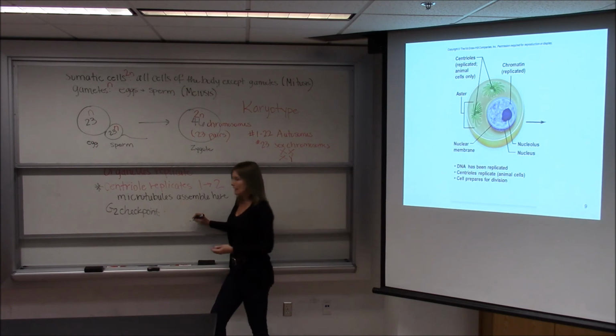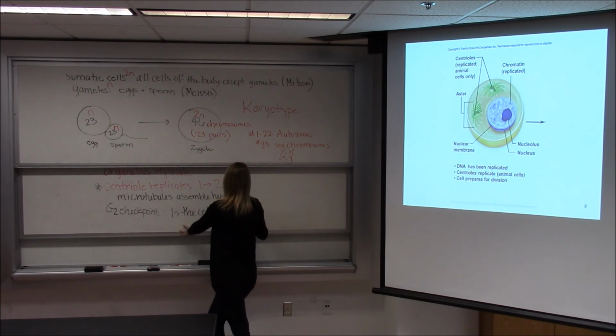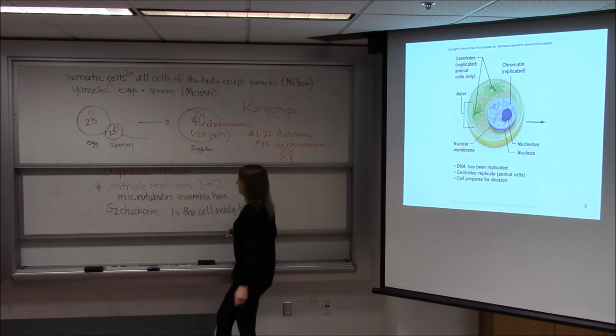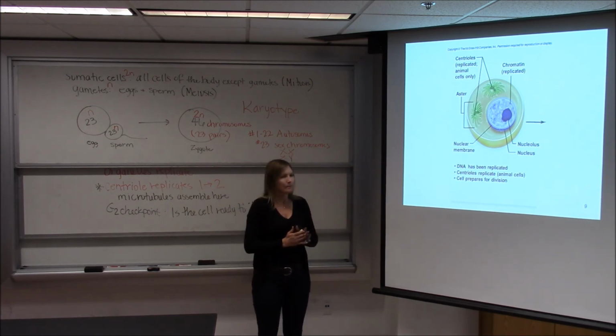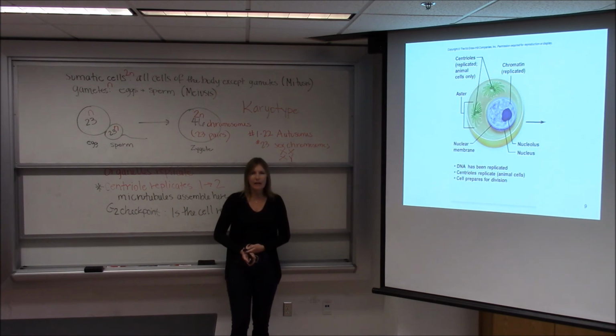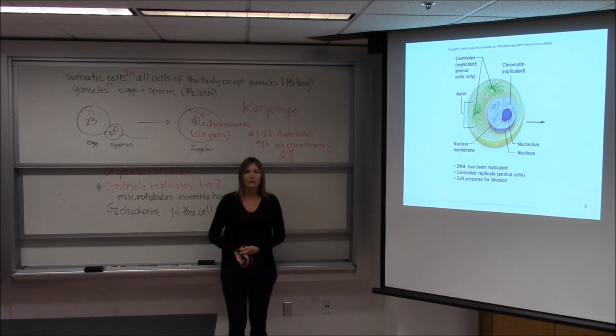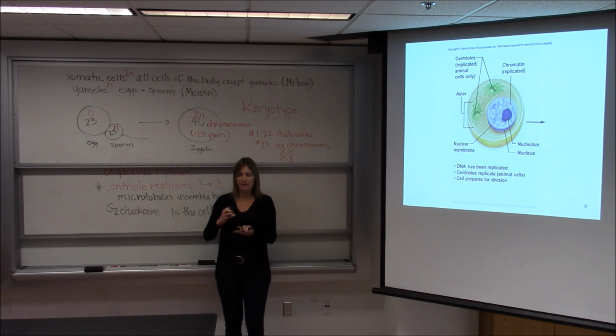Now the G2 checkpoint asks, is the cell ready to divide? If everything checks out, then we're going to enter the M phase, and we're going to start mitosis. So we need to talk about all the details of mitosis for each phase: prophase, prometaphase, metaphase, anaphase, telophase, and then cytokinesis to produce 2 new cells from that original one.